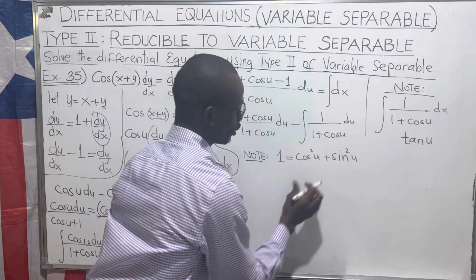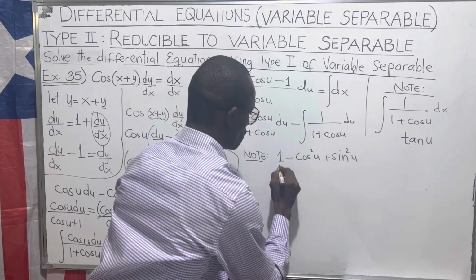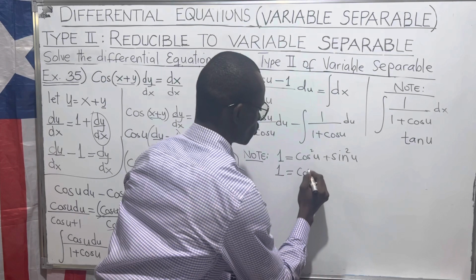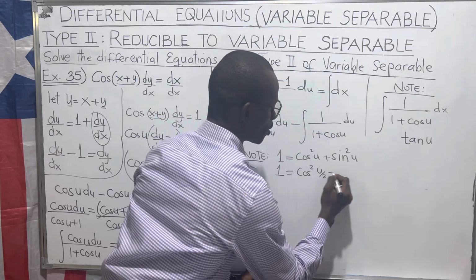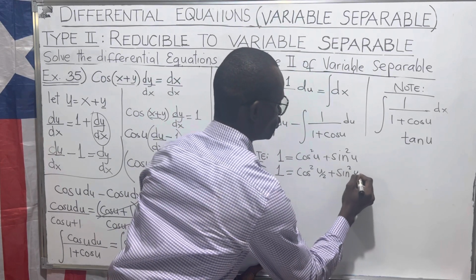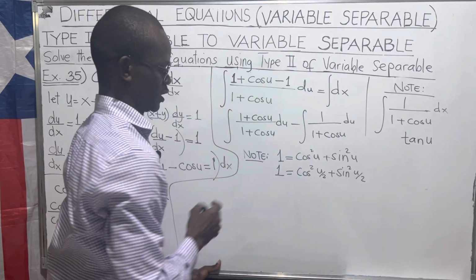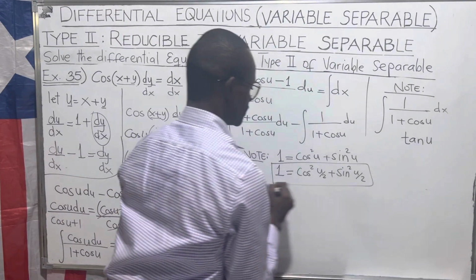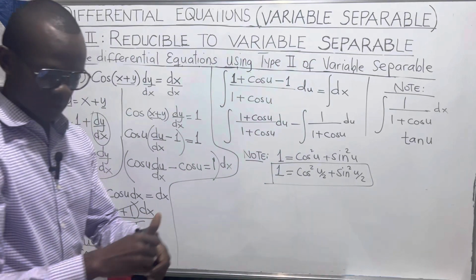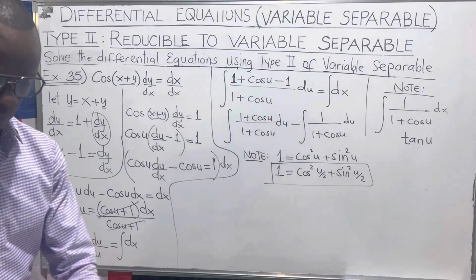If we divide all of the angles by 2, we will have 1 equals cos square u over 2 plus sin square u over 2. So when I see 1, I'm going to replace it with that expression.